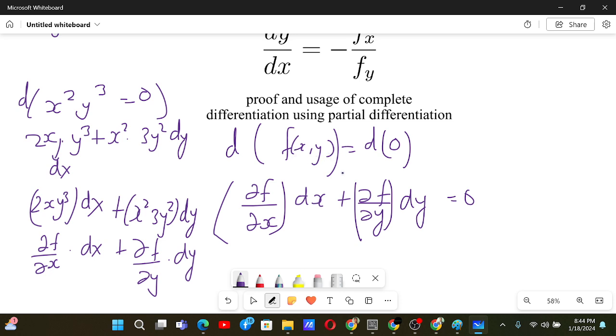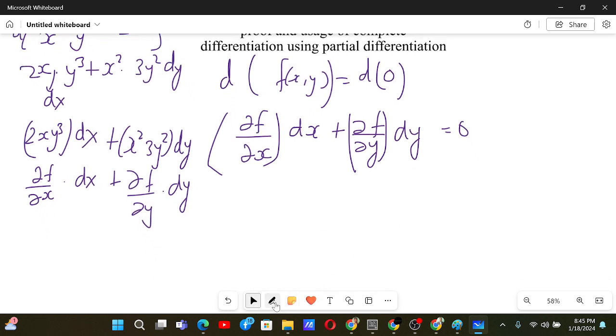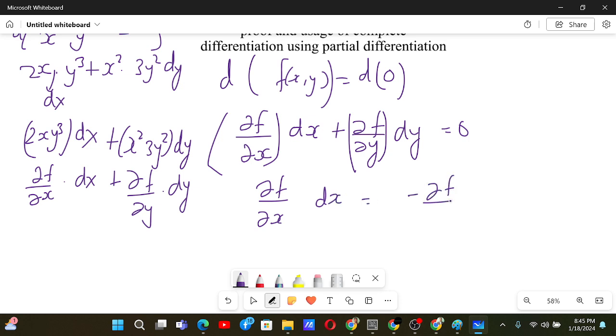If there are 3 parameters, we will also have partial derivative of f with respect to z, and then dz. So this is a property, let's say. Now if we use this property, we can take this to the other side. Partial derivative of f with respect to x times dx will be minus partial derivative of f with respect to y times dy.